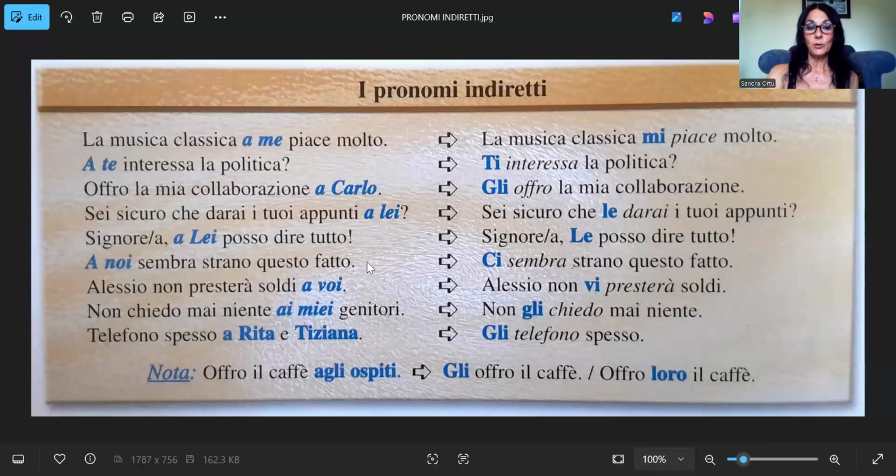Next one. A noi sembra strano questo fatto. To us, this sounds really strange, really odd. Ci sembra strano questo fatto. So, this thing that they told us just sounds a little bit strange, a bit odd. Also, when you're talking, obviously it's different because you can put the emphasis on the crucial word.